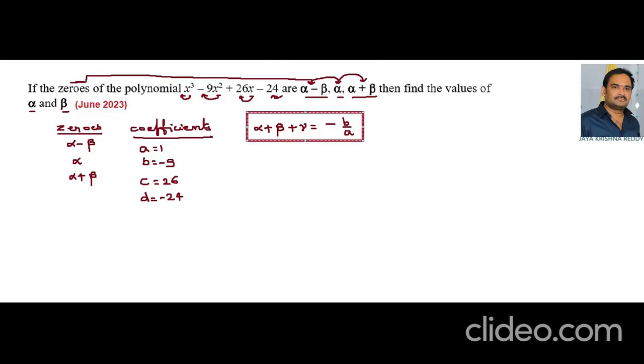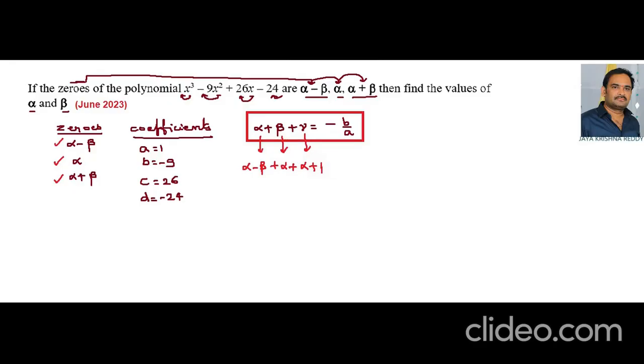So here alpha means the first zero, beta means the second zero, gamma means the third zero. So here the first zero is given as alpha minus beta. So the first zero is alpha minus beta, and next the plus symbol, and the next term, the second zero, is alpha, plus the third zero, which is given as alpha plus beta.